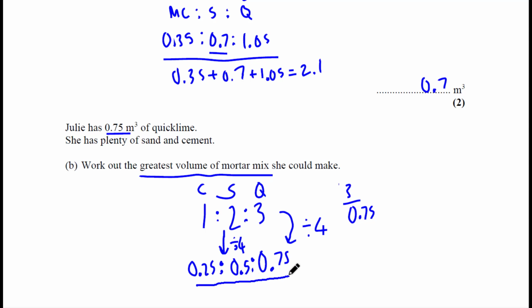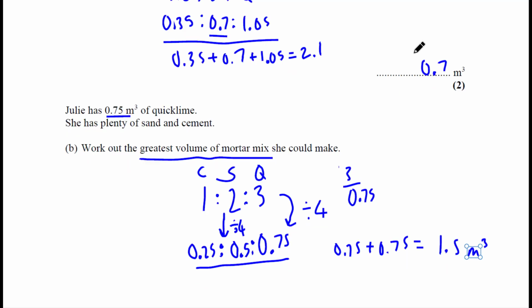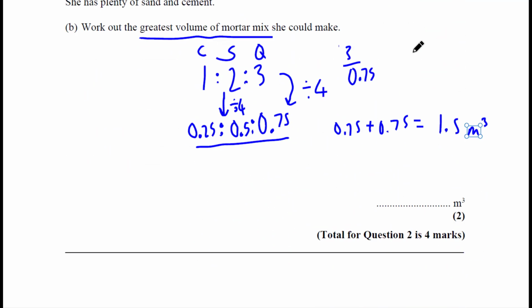So we just add these together to make the mortar mix, so that actually simplifies to 0.75 add 0.75, which is 1.5. So that should be a nice few extra easy marks. That's 4 marks in the bank.